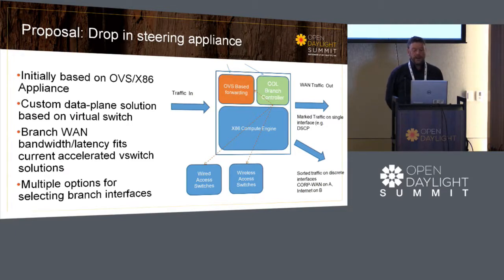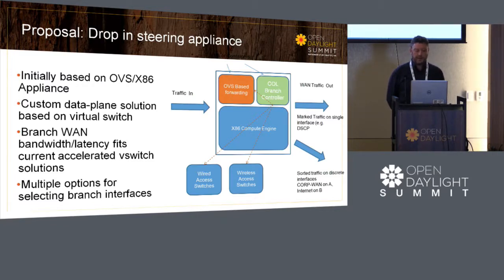It doesn't matter what kind of edge routers they have connected to the WAN. It doesn't matter what kind of access routers they have within the branch. Ultimately, we're suggesting that this appliance could be dropped in between one of those boxes and the other and accomplish this steering in a way that wouldn't cause them to really change anything. They don't have to reconfigure existing stuff.